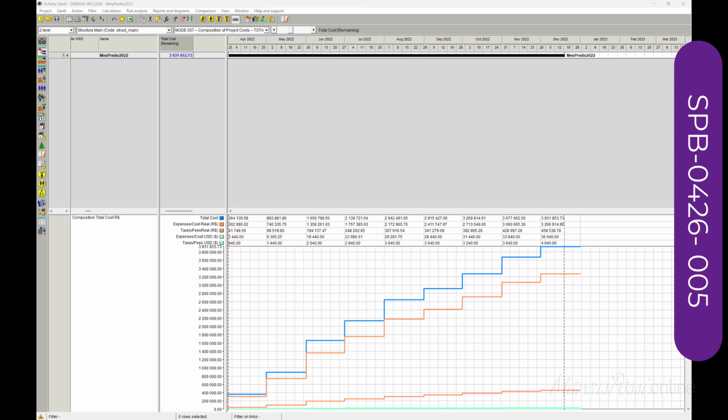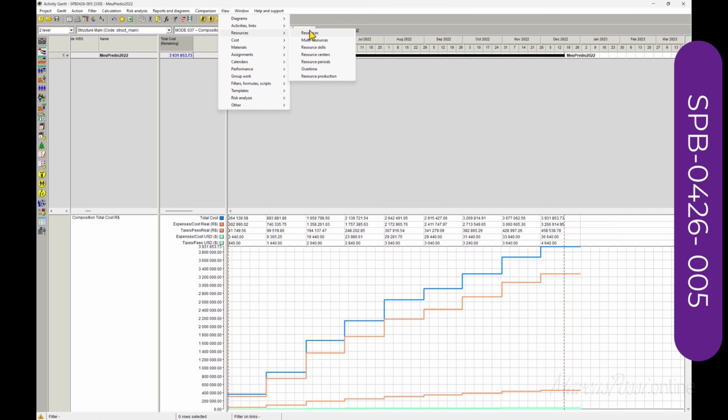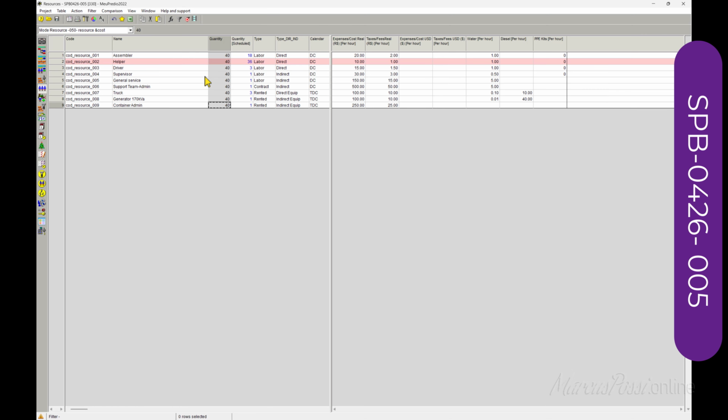Part 3 of 4. Part 3 of 4, you should register your resource. As we saw, you made your registering and included generator and container admin. Costs per hour.